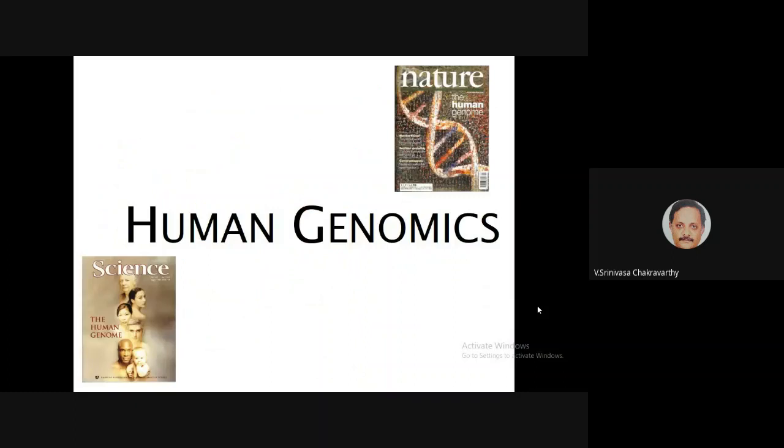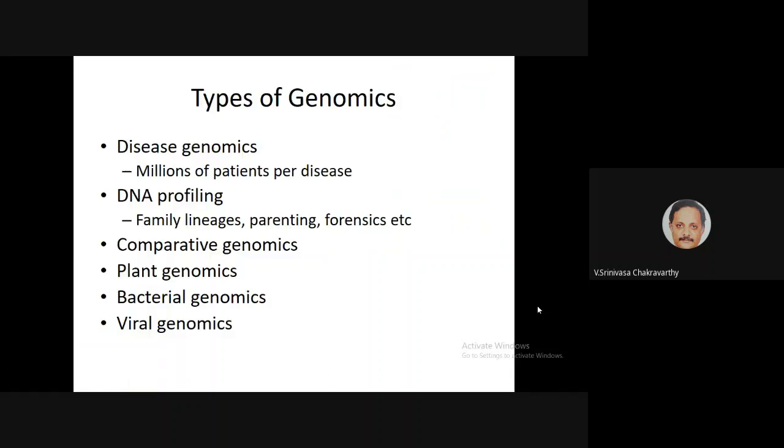So if you look at omics, there are many different kinds of omics. Genomics is the study of the entire genome. Here there are different kinds of genomics. There is disease genomics, that is the study of altered genetics in certain disease conditions. If you take millions of patients for that disease, you can imagine how much data can be available.